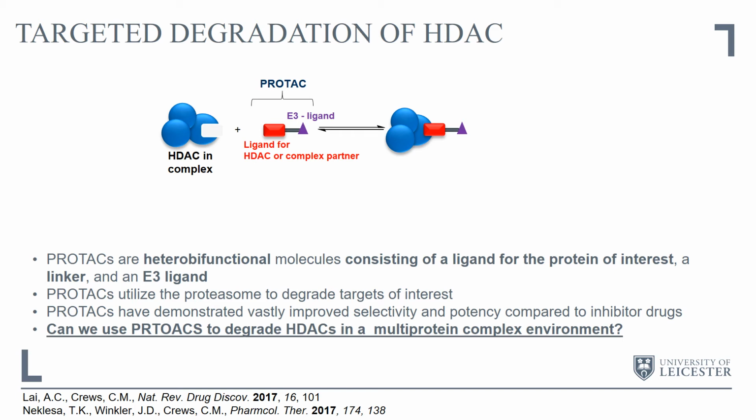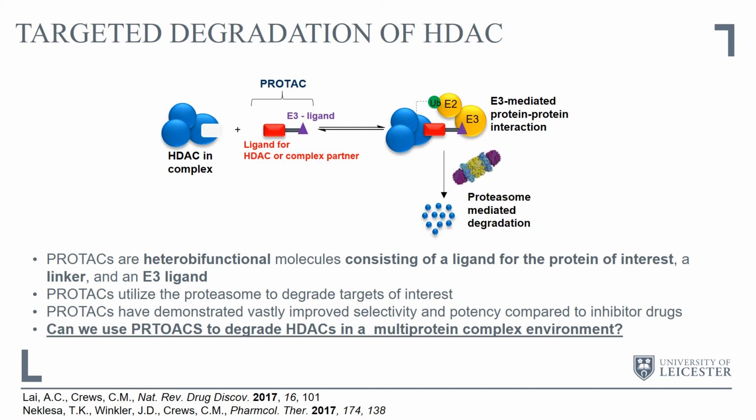And what would happen is we'd have our HDAC, which has many proteins around it. We have our PROTAC and our linker E3 ligand, which will bind our HDAC complex. So we have a binding event between these two. Then, because we have this E3 ligand here, it will use the proteasome to make a protein-protein interaction between this E3 protein and the HDAC protein.